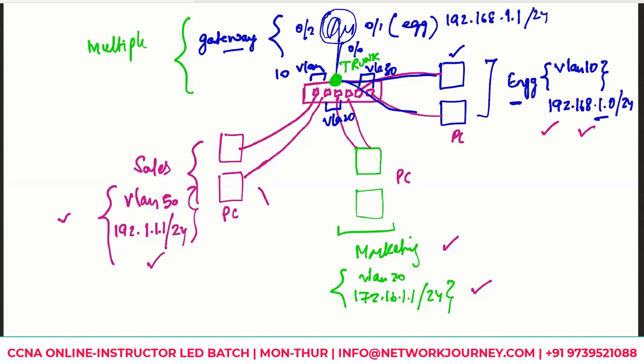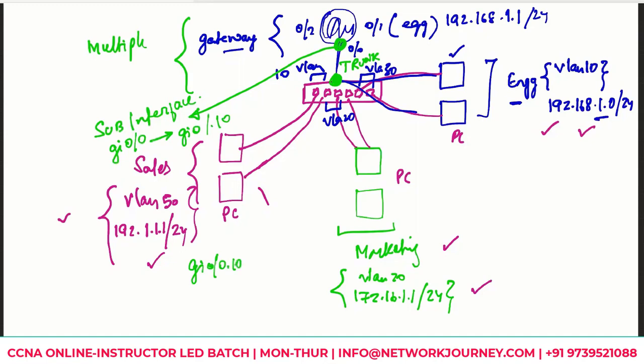So what we normally do in networking is use something called the sub-interface concept. A physical interface like 0/0 can be broken down into logical ones like Gig 0/10, Gig 0/20, Gig 0/30.